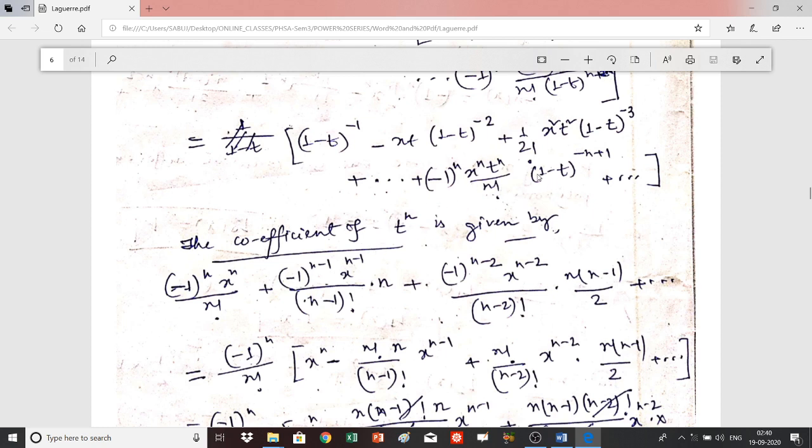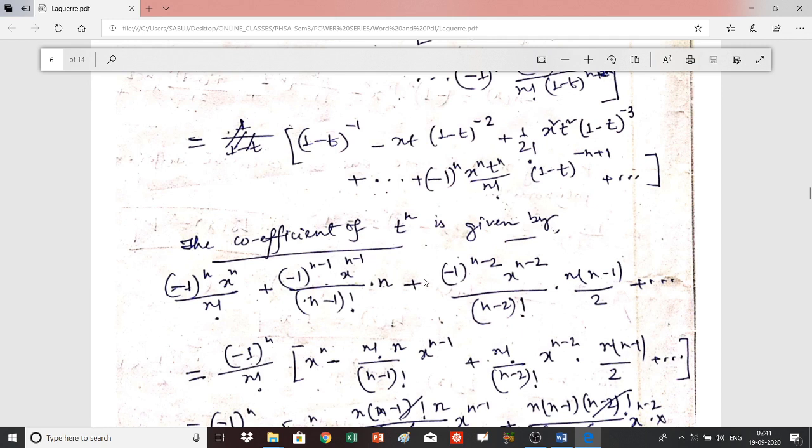For the next term, since t is multiplied with this term, and if you expand this in series, then that will be 1 minus n times something, n into t and other terms. So t for the second term will be multiplied with this, and then the power of t will be t^(n+1), and n should be replaced by n minus 1, and that's why you will get (-1)^(n-1), then x^(n-1), and here (n-1) factorial, and n comes from the series expansion of this term.